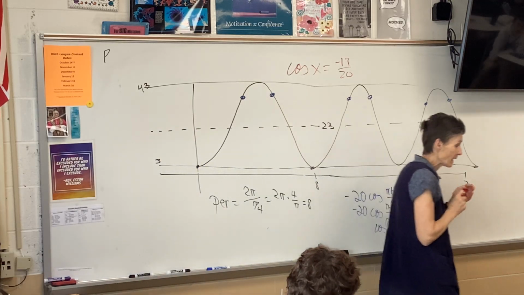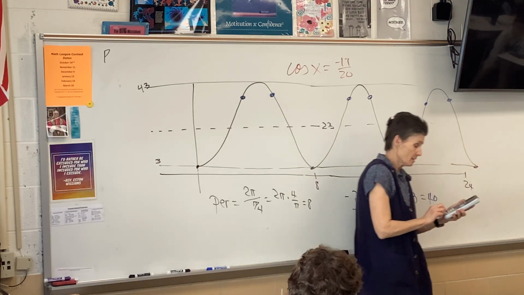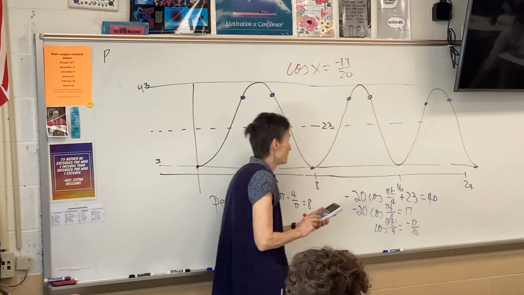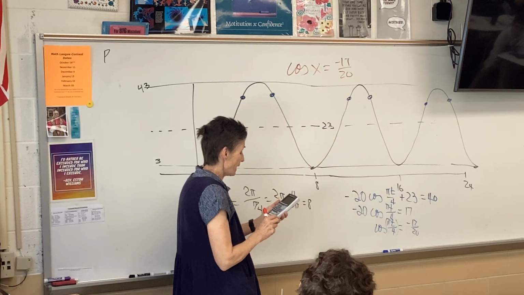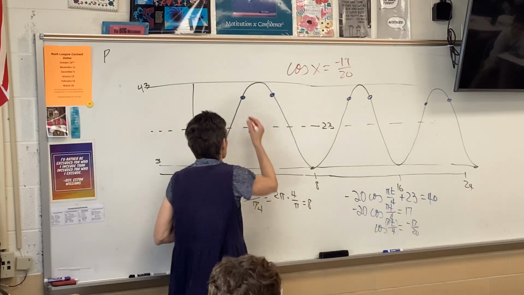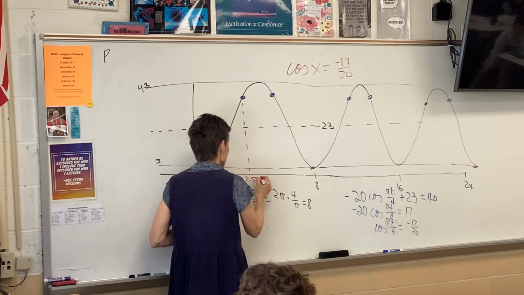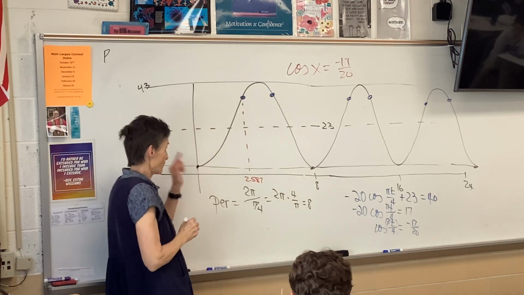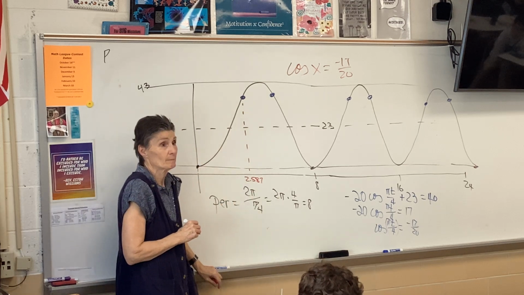Well, how do I figure that out? Inverse cosine of that number. So inverse cosine of negative 17/20. I got 2.587. So this guy right here is 2.587. So the first time he gets to 40 feet is 2.587.